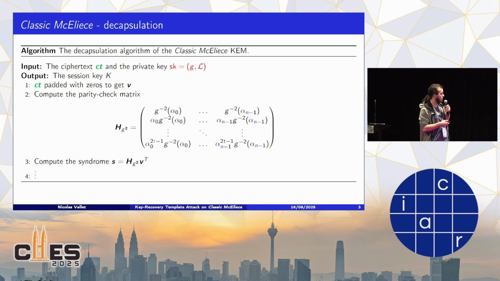Then it will compute a syndrome S as the product of HG2 times V transpose.